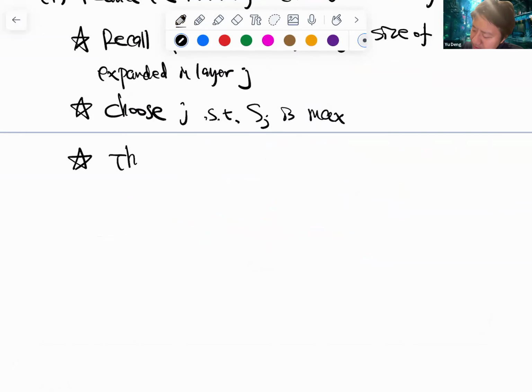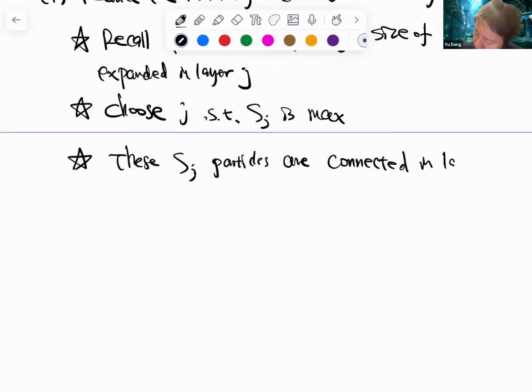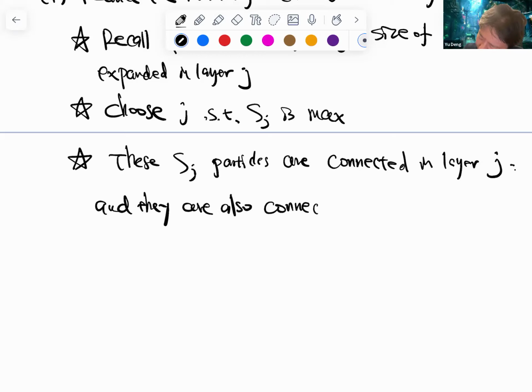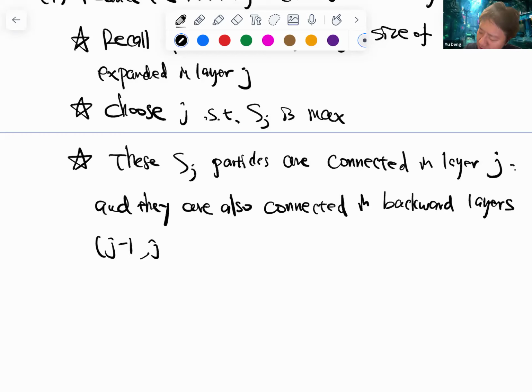Okay, so these Sj particles are connected in layer, let's say J. And they are also connected in the backwards layers, J minus 1, J minus 2, down to 1.